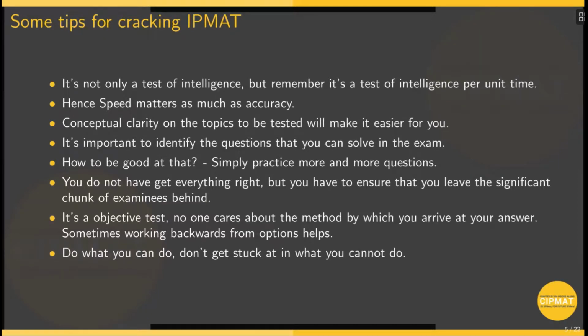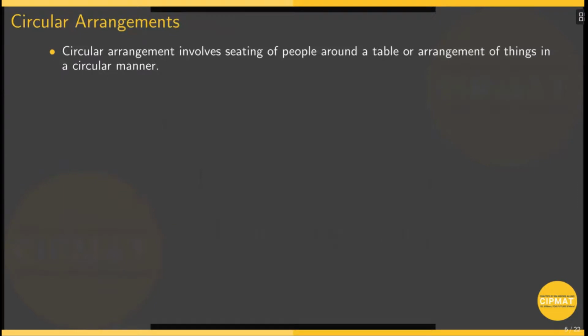All right, so without wasting any more time, let's move forward and start this particular chapter. So let's start with circular arrangements. What are circular arrangements? Circular arrangement basically involves sitting of people around a table or arrangement of things in a circular manner.